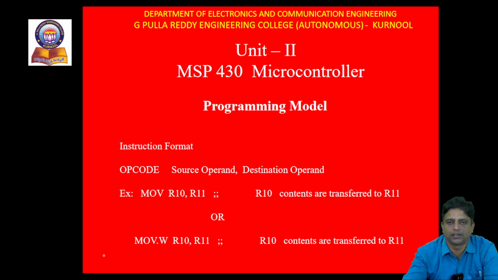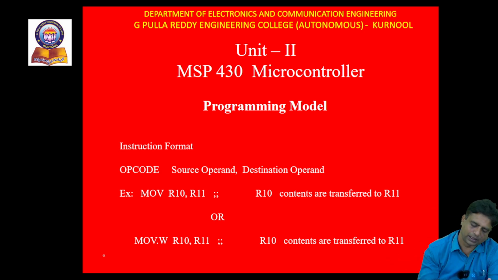But with respect to MSP430, the assembly language program is as represented in this given instruction format: opcode, then source operand, then destination operand, left to right. This is a peculiar thing happening with respect to MSP430. Any other microcontroller assembly language format will be shown always in right to left, with source on the right side operand arrangement and destination on the left side operand arrangement.